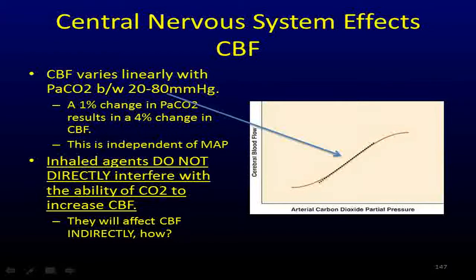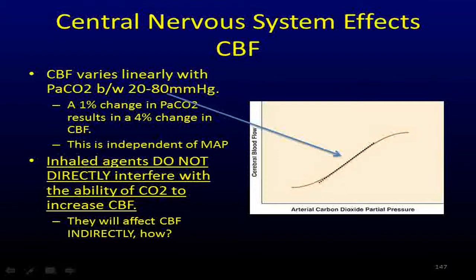If it gets too high, it doesn't matter how much you decrease the CMRO2, because you're not going to be able to perfuse the brain because the ICP will have gone so high. So the point here is you're going to have to monitor your CO2 levels and keep them normal to take advantage of that uncoupling effect.